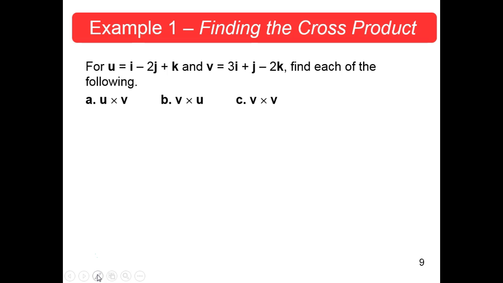For U equal I minus 2J plus K, V equal to 3I plus J minus 2K, find the following, U cross V. How would you do that? U cross V is... I, J, and K? Yeah, put I, J, K at the top.